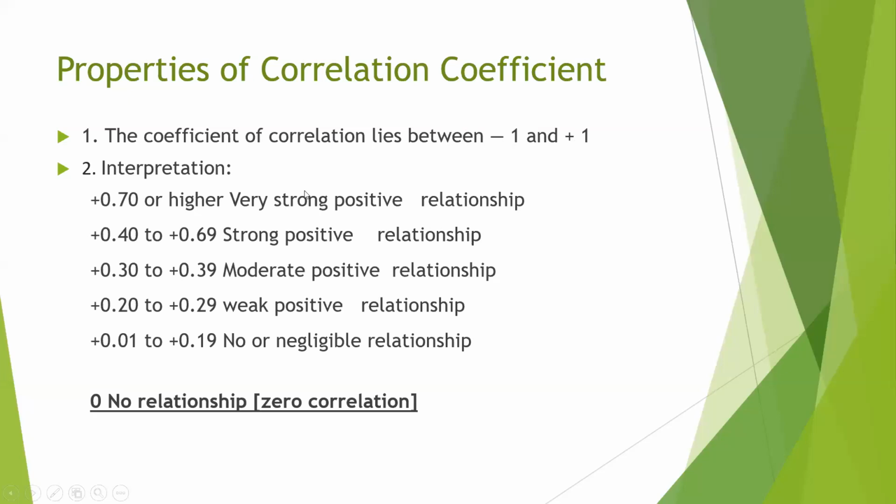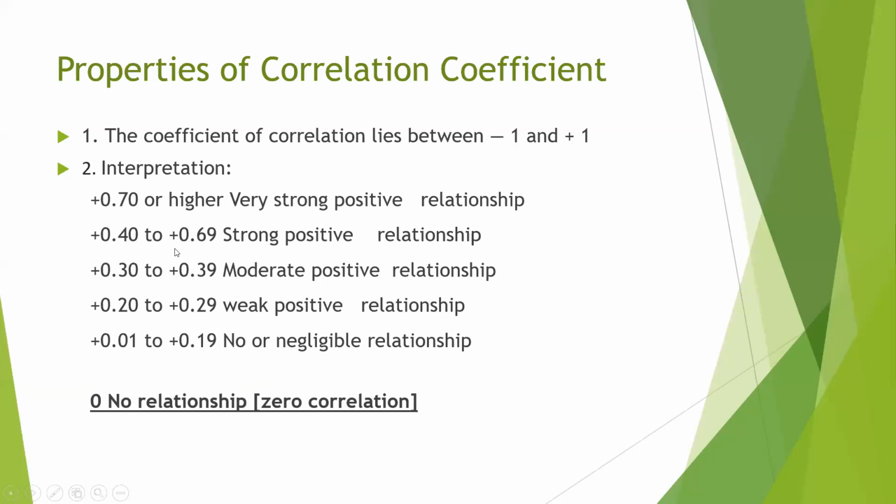Now, interpretation of r. We are going to see how to calculate it in the hands-on session with SPSS, so let us understand the concept and interpretation part. These are the ranges defined; different ranges are defined in different books and literature, but this is the one I like most.